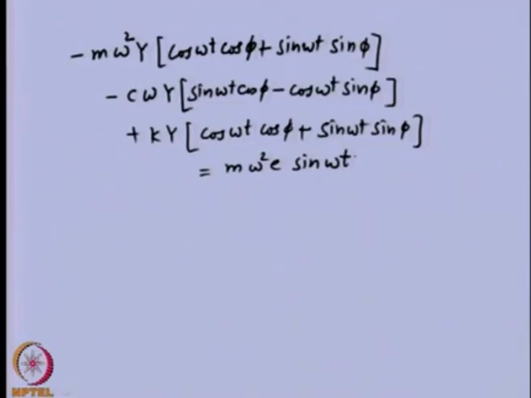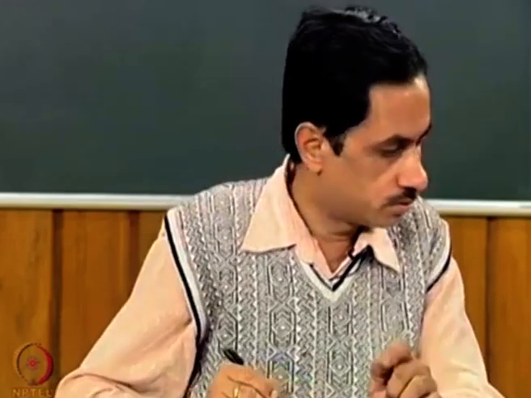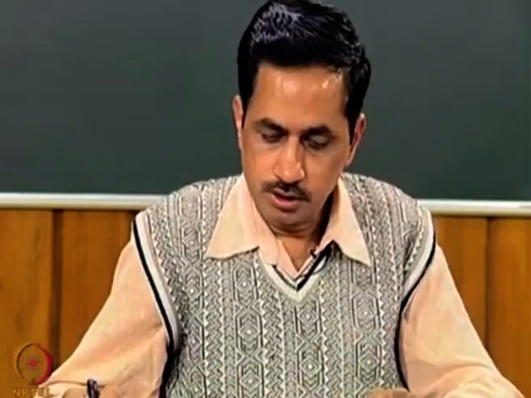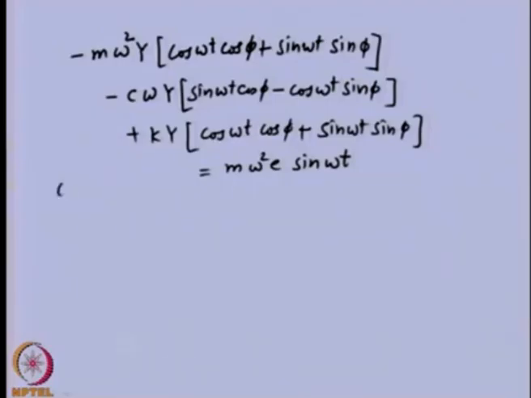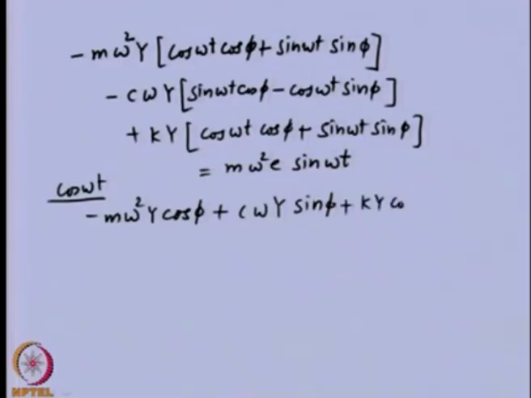Just wait. Now the cos omega t and sin omega t terms. So, I am first taking the cos omega t terms separately and I am equating it to 0. First term, then from damping, then from stiffness is equal to 0 because in the right hand side there are no cos omega t terms.